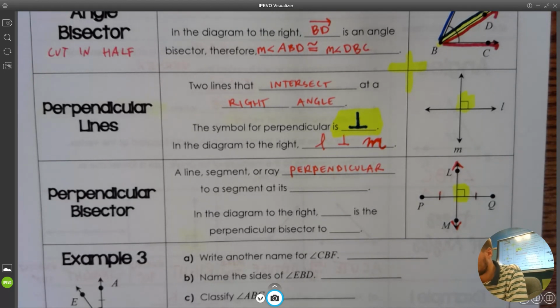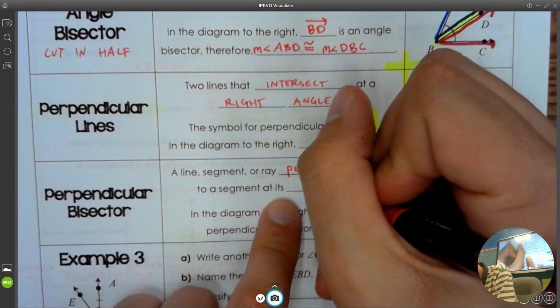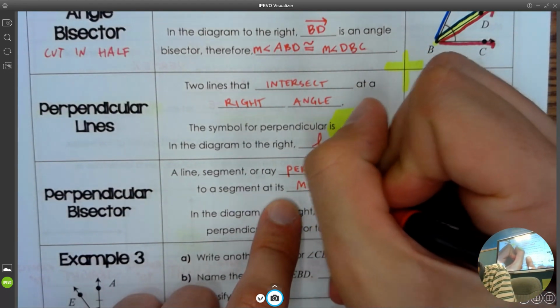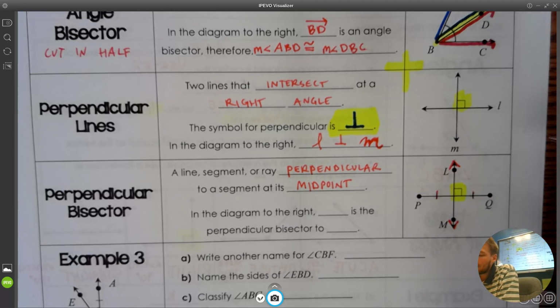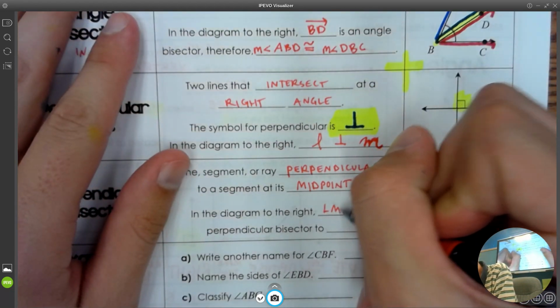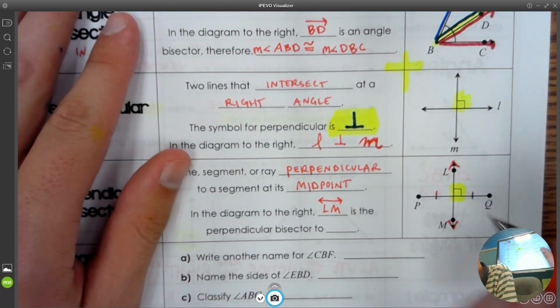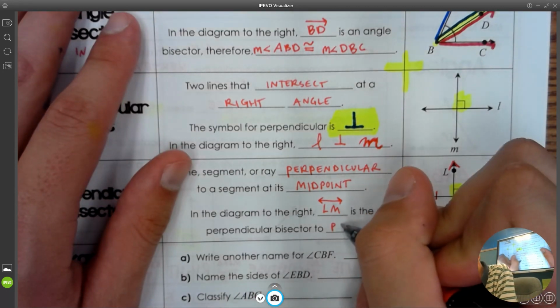And because we went perpendicularly through this segment at the midpoint, on the diagram to the right, line LM is the perpendicular bisector to segment PQ.